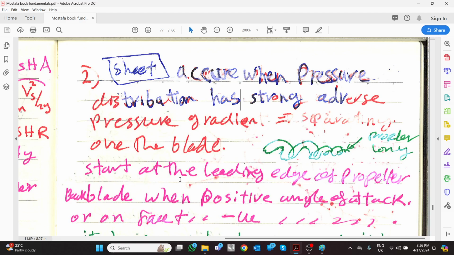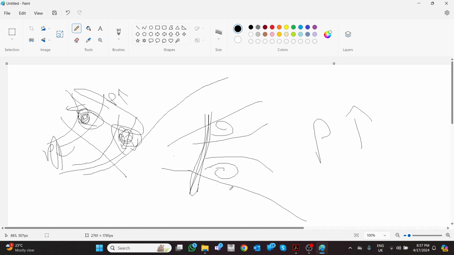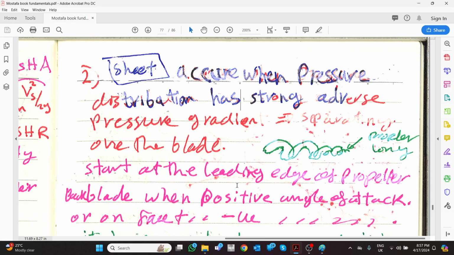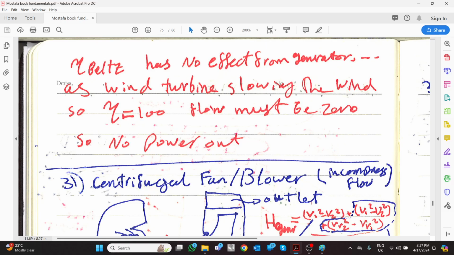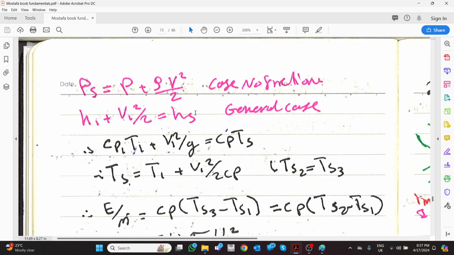It starts at the leading edge of the propeller blade at a positive angle of attack, agreed? Positive angle of attack, which means this shape has a positive angle of attack, and in the front it will be a negative angle of attack.